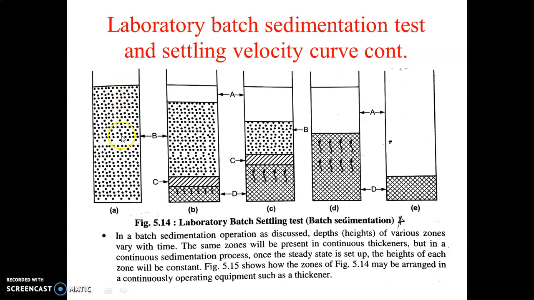a cylinder, and then you first mix this material. Then you keep this material as it is, and observe the different zones obtained after some time in this cylinder, and then you calculate the settling velocity and plot the curve.